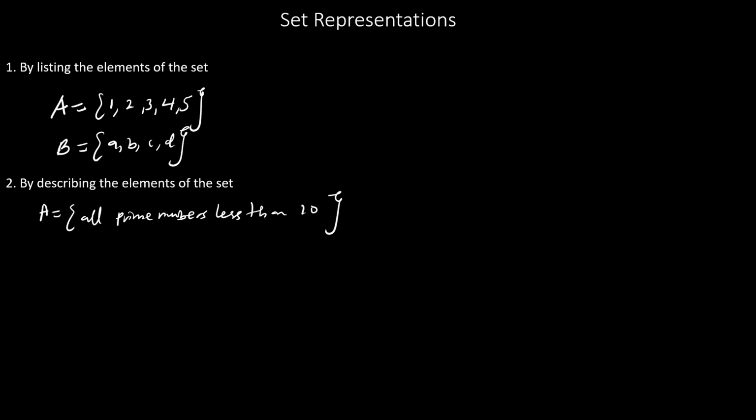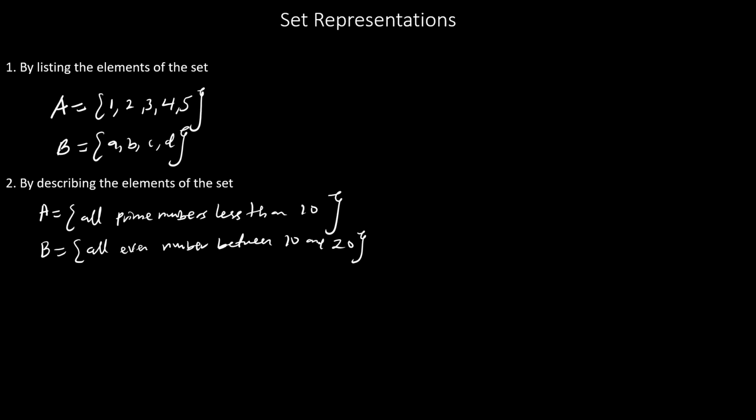So here, instead of listing out all prime numbers that are less than 10, we simply use a word to describe this, like set A equals the set of all prime numbers less than 10. You might have another example by saying set B is a set of all even numbers between 10 and 20.